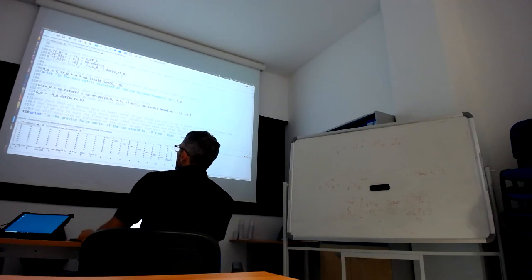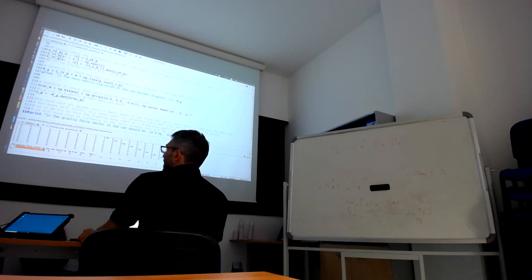And you see that it is all zeros apart from the three elements that are the gravity vector in the world frame.